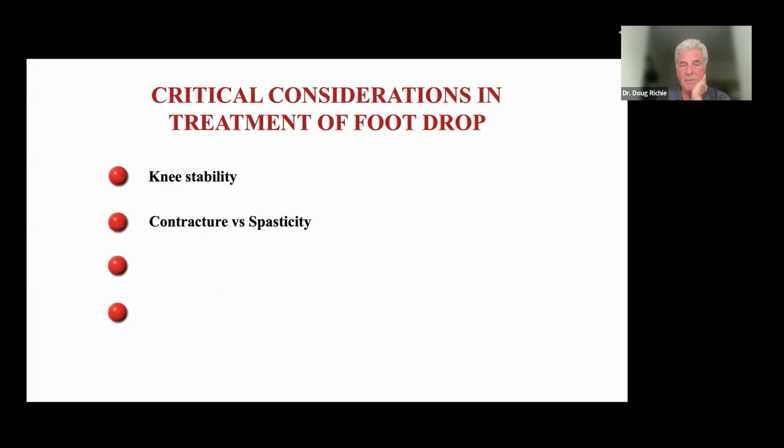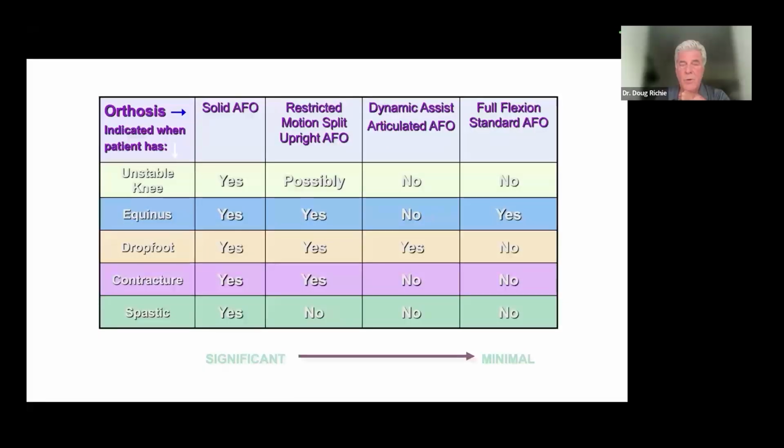And when we pick the brace for the patient, we have to really look proximally. We have to watch these patients walk, and we have to look at a number of key clinical findings in order to pick the proper brace. So we use this chart, which is on the Richie Brace website, and this may look confusing to you. I'm going to go through this briefly, and in the end, I'm going to tell anyone who's confused by this, feel free to reach out to me.